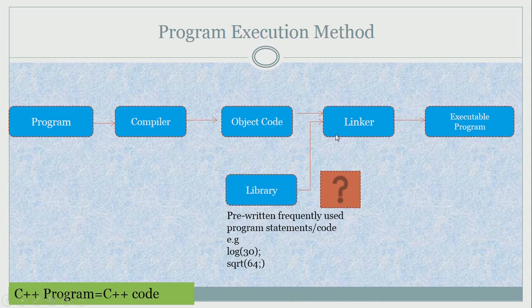Because the piece of the program that calculates the log of a number is already written by C++ developers, or you can say C++ manufacturers. So this piece of program that calculates the log of a number is a library and is linked with our program by including the header file so that the log of the number 30 can be calculated easily, and this linking is basically done by the linker.